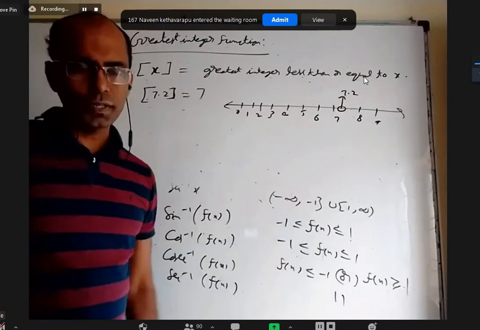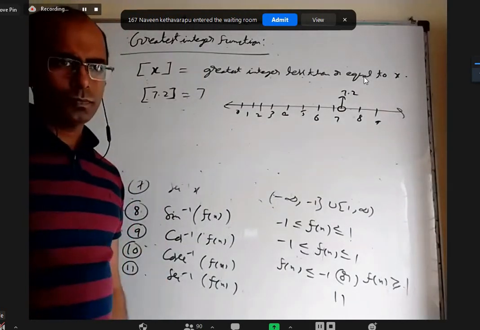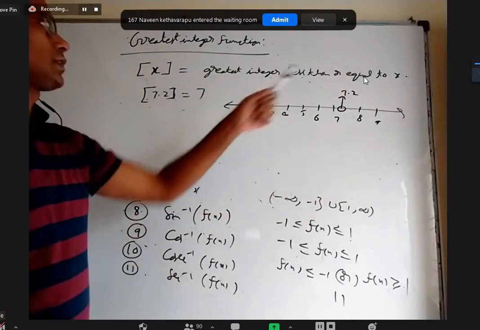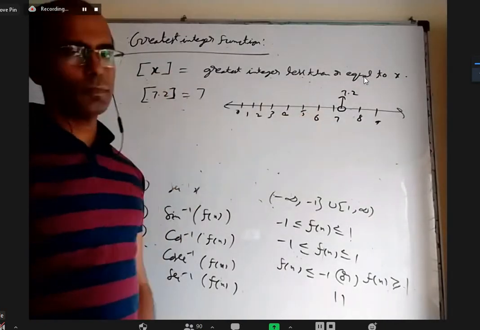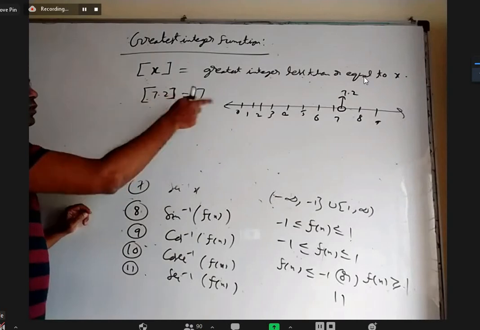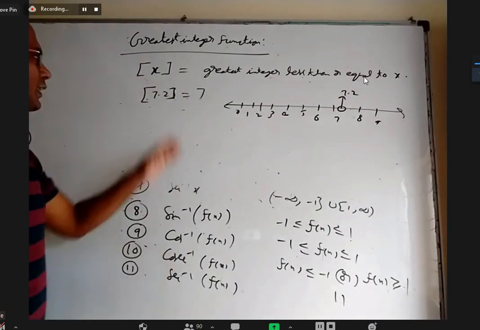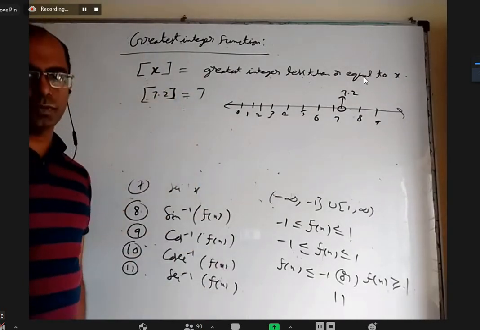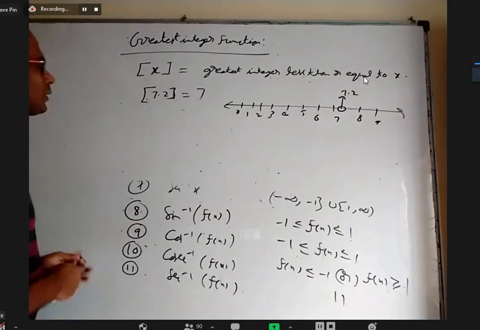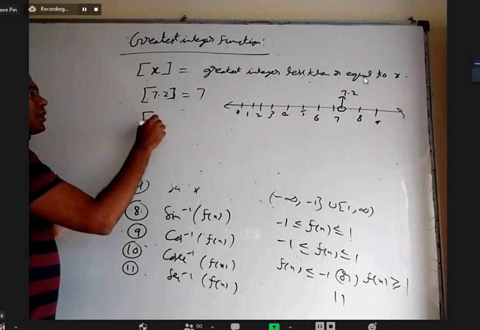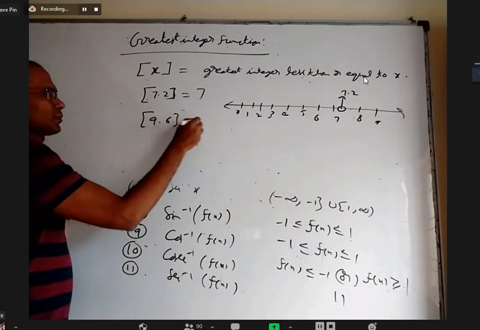Among them, what is the greatest? 7. That's what it is. Less than this number, there will be a lot of integers, among them the greatest number. Of course, it is as good as rounding off, not exactly rounding off, truncating. After the decimal, whatever is there, forget about it. It's like that for positive numbers, not for negative numbers. We'll see why. So if somebody wants the integer part of 9.6, it will be simply 9.